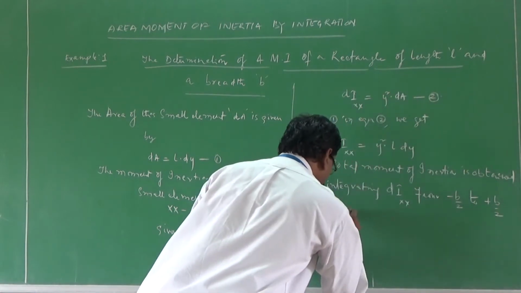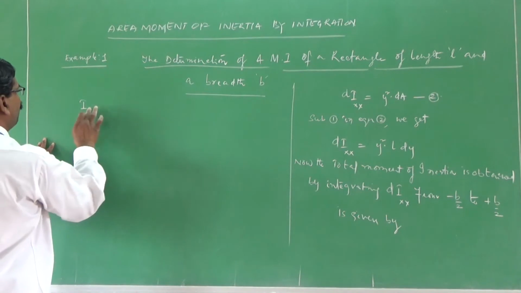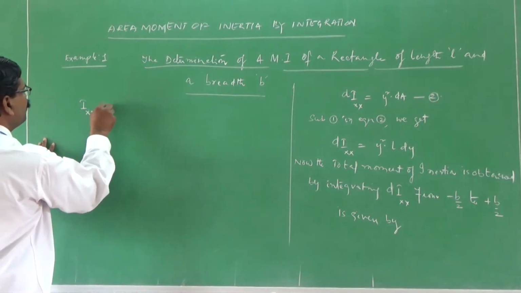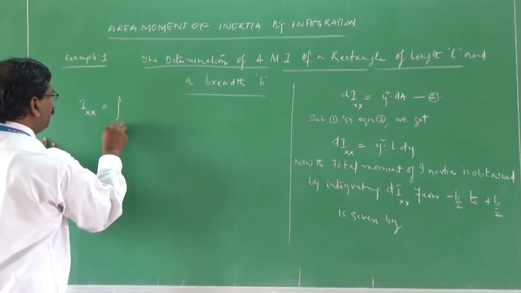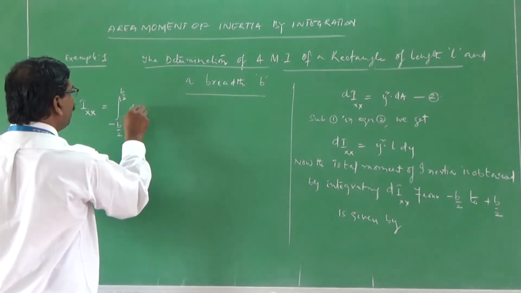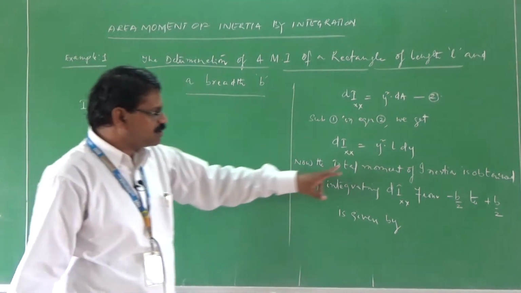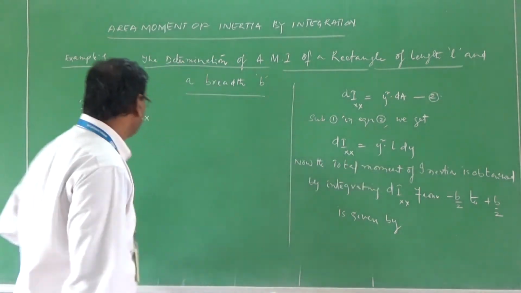Ixx is equal to integral minus b by 2 to plus b by 2 dIxx. Now substitute dIxx, we have y square into L dy.